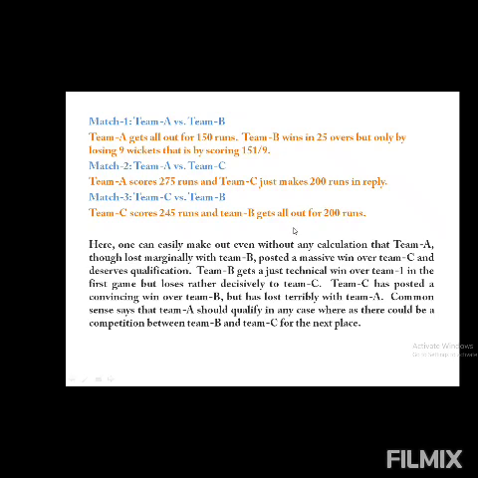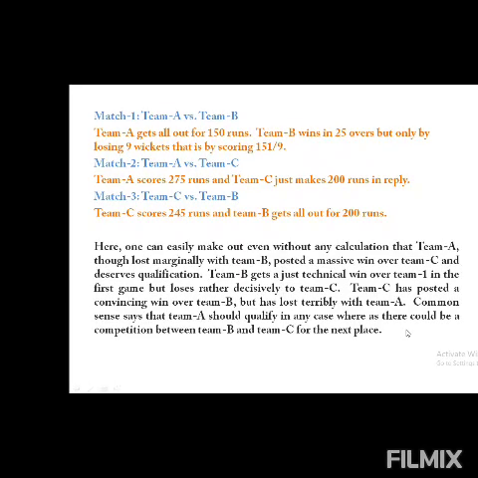Here actually we don't need any method to say which team has performed better. Clearly it is team A which performed better. Though they lost marginally to team B, they posted a massive win over team C and they deserve qualification. The only question remaining is which team, whether it is B or C, should go to the final along with team A.